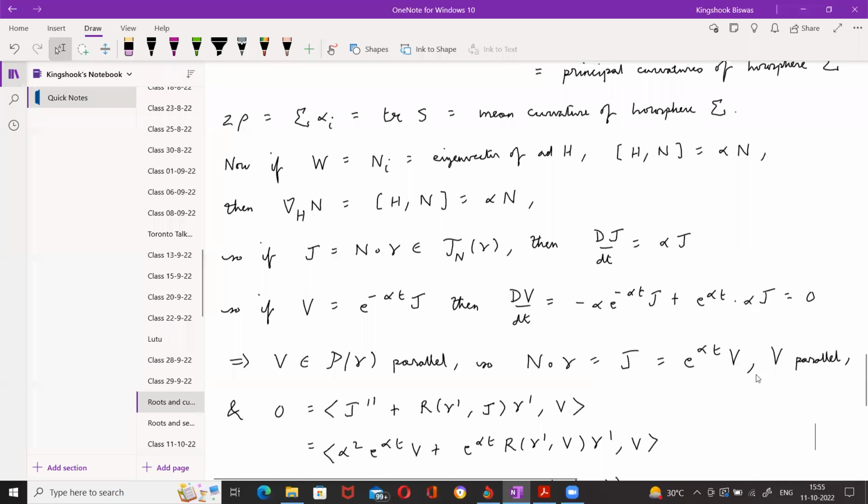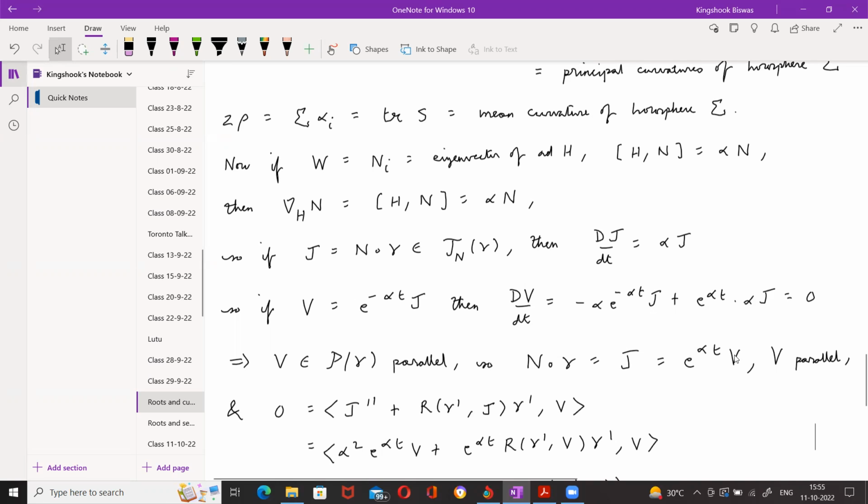So now I use the Jacobi equation. I know that J'' + R(gamma', J)gamma' is 0. So this inner product with the parallel field V is also 0. But what is J''?